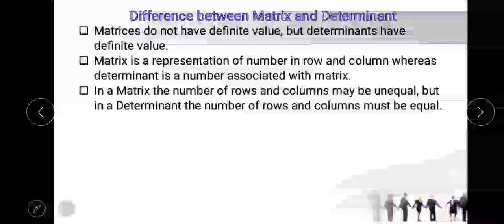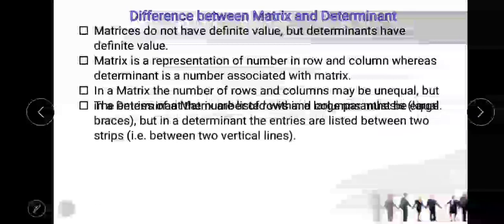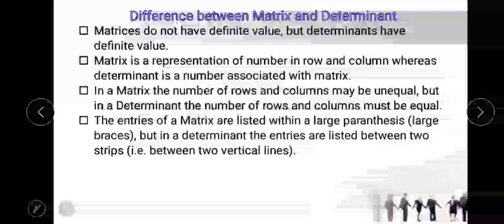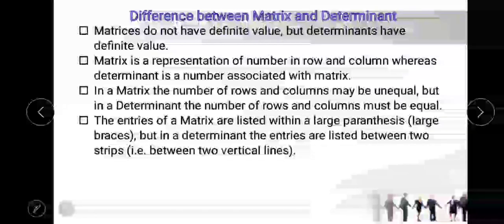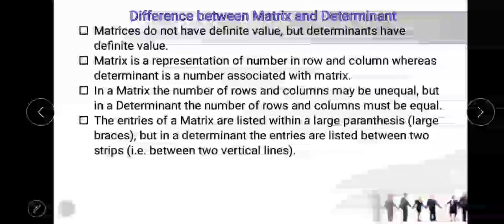That is, a determinant is obtained only for a square matrix. In a matrix, the elements are listed within large parentheses, whereas in a determinant, the entries are listed between two vertical strips.